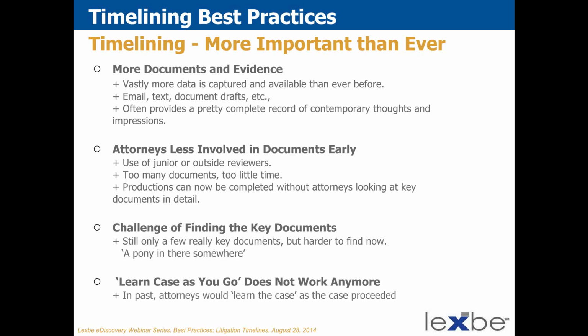And now productions can be completed and out the door without the attorneys really looking at key documents in detail, so they get less appreciation for what's going on in the case early on. Those key documents are in there somewhere, but they're harder to find among everything else. So say there's a pony in there somewhere.